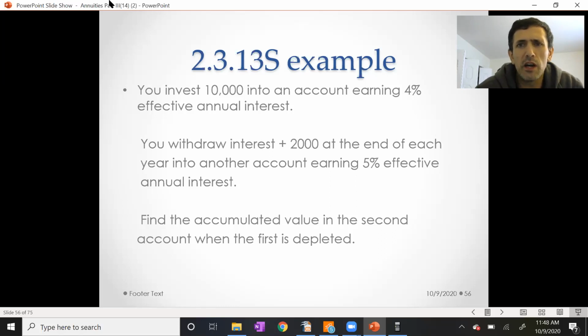So let's draw a time diagram. First of all, let's draw a time diagram for the first account, which is not very subtle, but in case there's any issues or we're not all on the same page here, so total and first account.